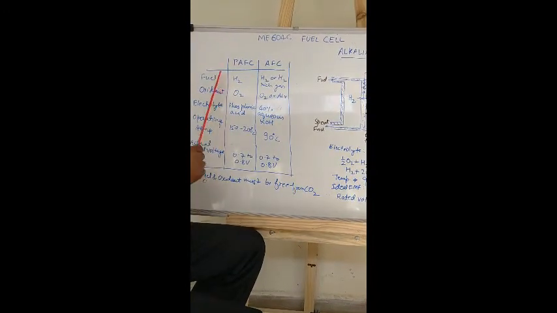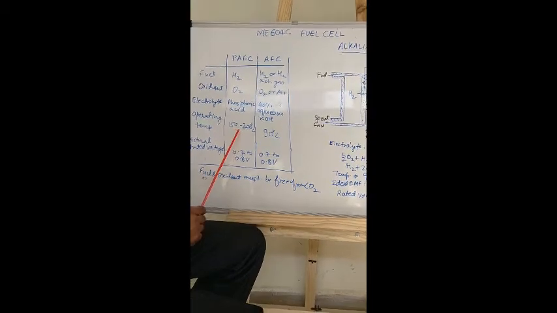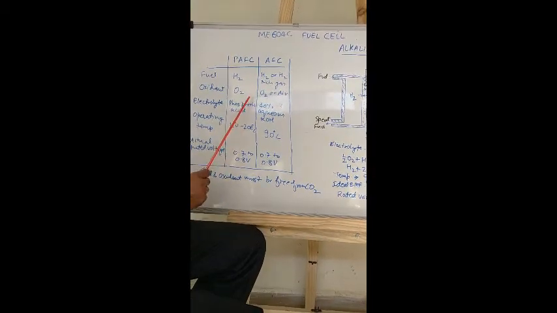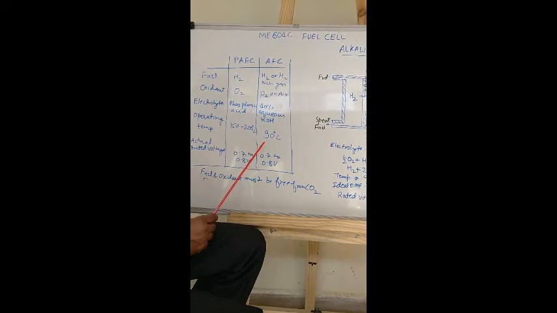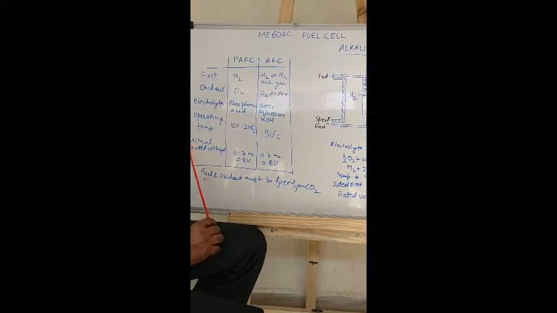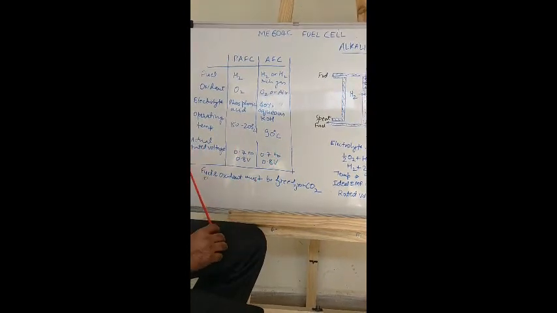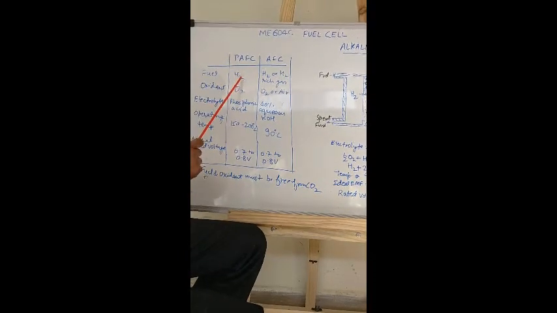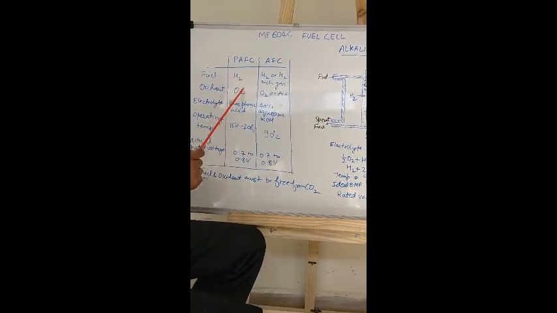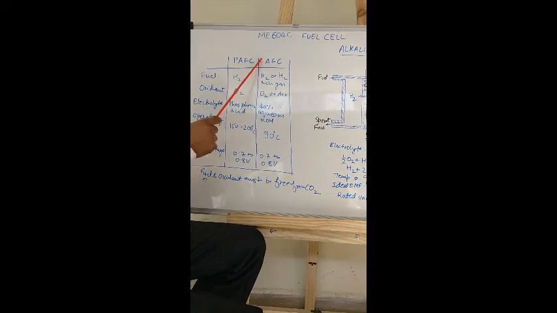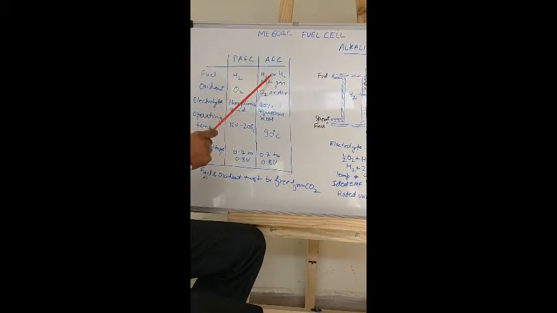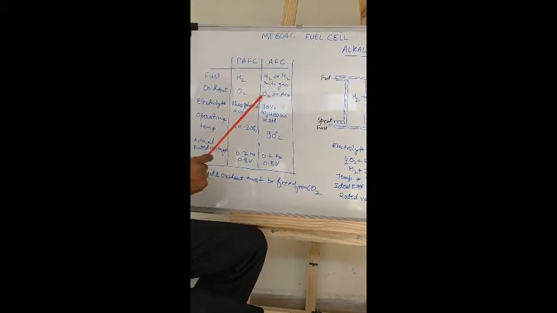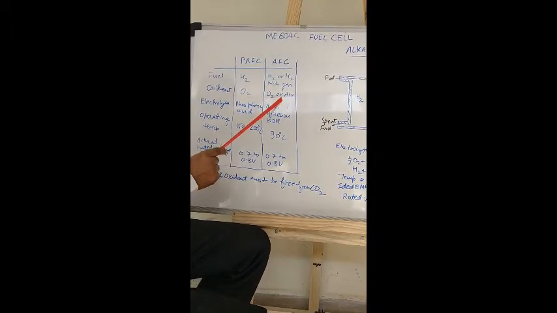Operating temperature of the PAFC is between 150 to 200 degrees centigrade, whereas in case of alkaline fuel cell, the operating temperature is 90 degrees centigrade. And rated voltage of the two are same. There is one constraint. In case of PAFC, we supply pure hydrogen and pure oxygen. Here in case of AFC, alkaline fuel cell, we can use hydrogen-rich gas, and in place of oxygen we can use air also.